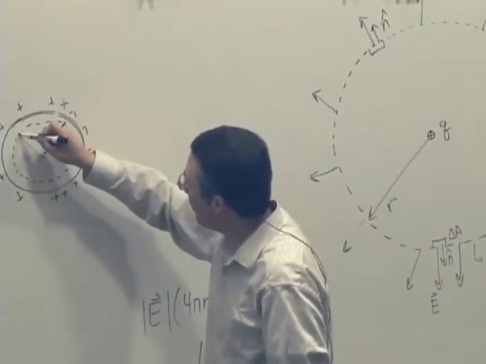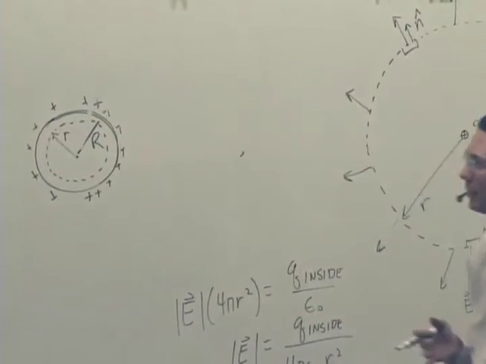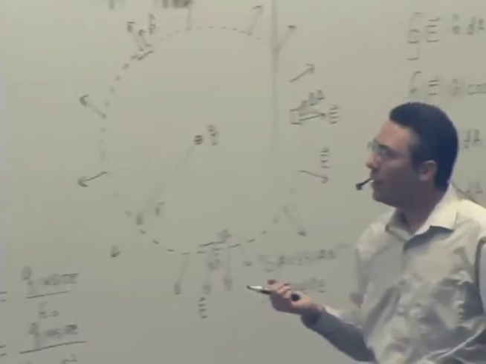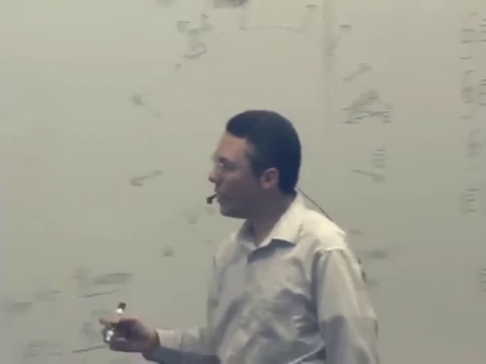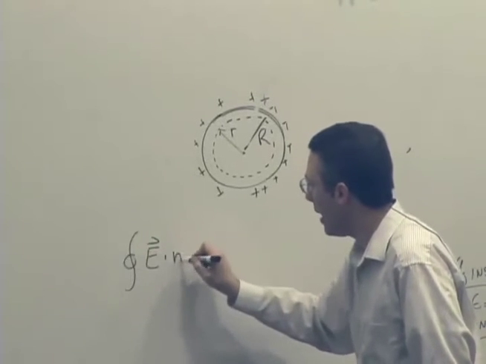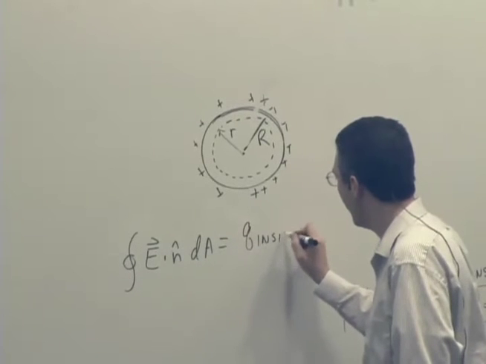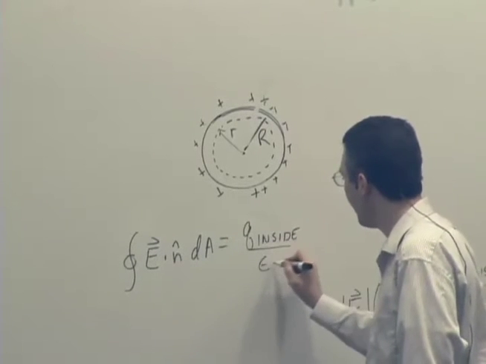And our Gaussian sphere happens to be just beneath the surface, inside that ping pong ball. Well, let's apply Gauss's law. Again, the integral of E dot n hat dA is equal to Q inside over epsilon 0.